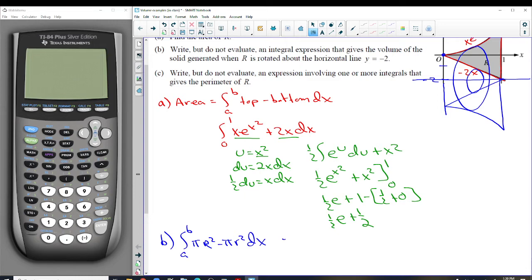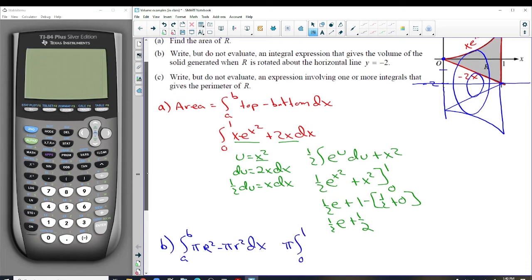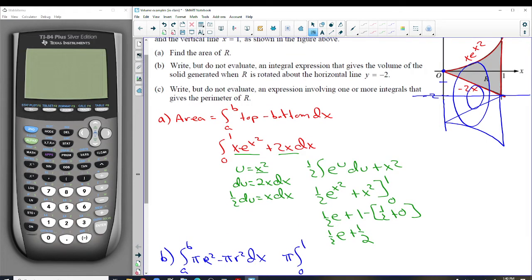So we can factor a pi out of this. We're integrating from 0 to 1 in this case. Now we have to find out what the radius for the big circle and the radius for the little circle are. Well, the big circle goes from this curve down to the center, or that line. And it's really, again, top minus bottom. It's the curve minus negative 2.